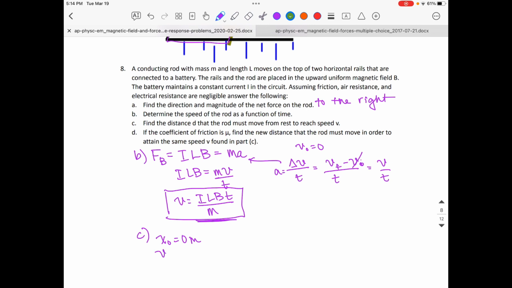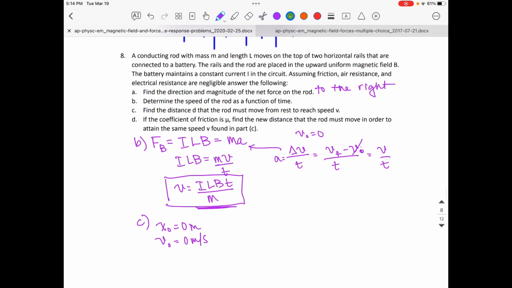Our initial velocity is equal to 0, and our V is just going to stay V, but it's some function in terms of time. And then we're solving for delta x, or rather x final.